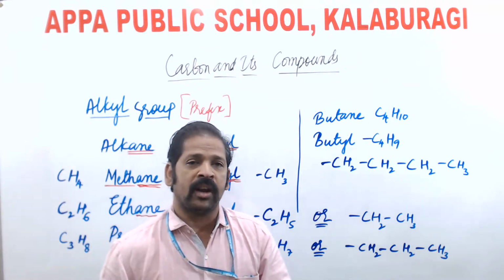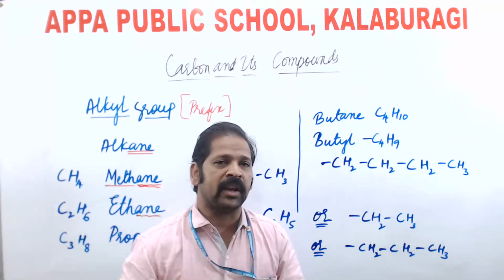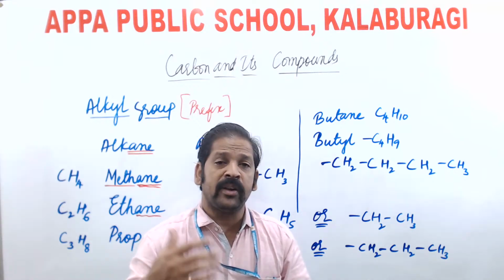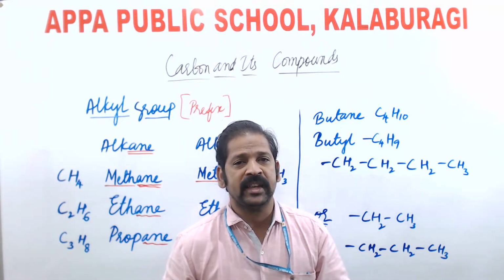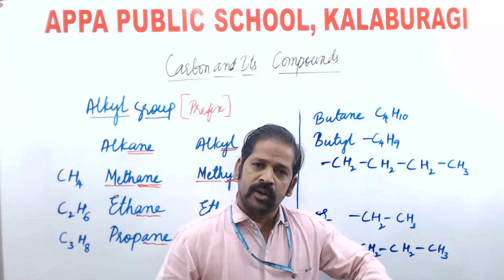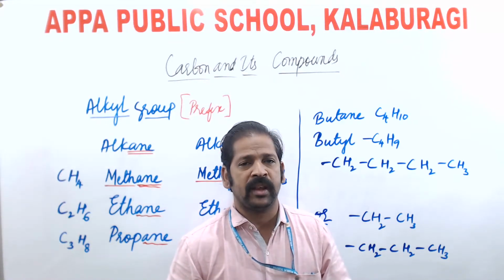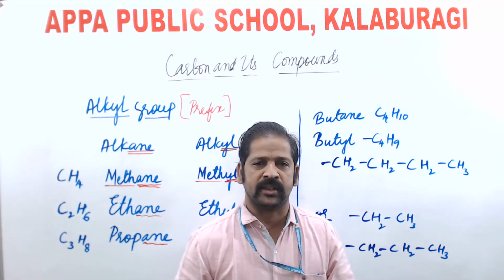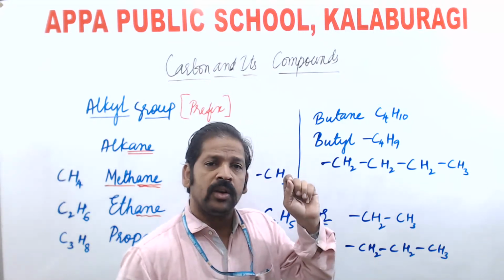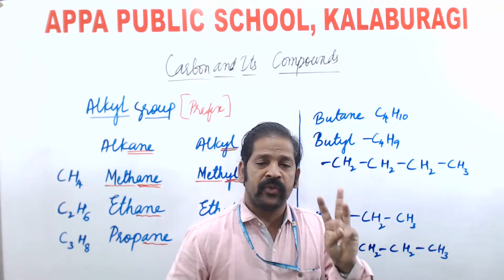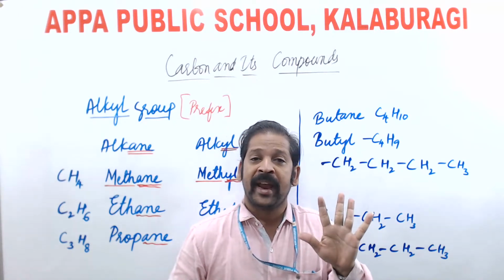Actually, there is a word called hexane. With hexane, we can go with five different structures, which can be shown here and in your books also. You can prepare the five different structures of hexane. We have shown two structures of butane, three structures of pentane, but we can show five structures of hexane.